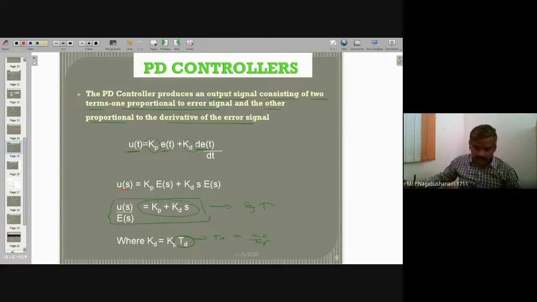This is the gain of a PD controller. In the block diagram, input is E(t), output is U(t), and its transfer function is Kp plus Kd into s. Now I'm going to assume Kp equal to 1, the proportional constant equal to 1.